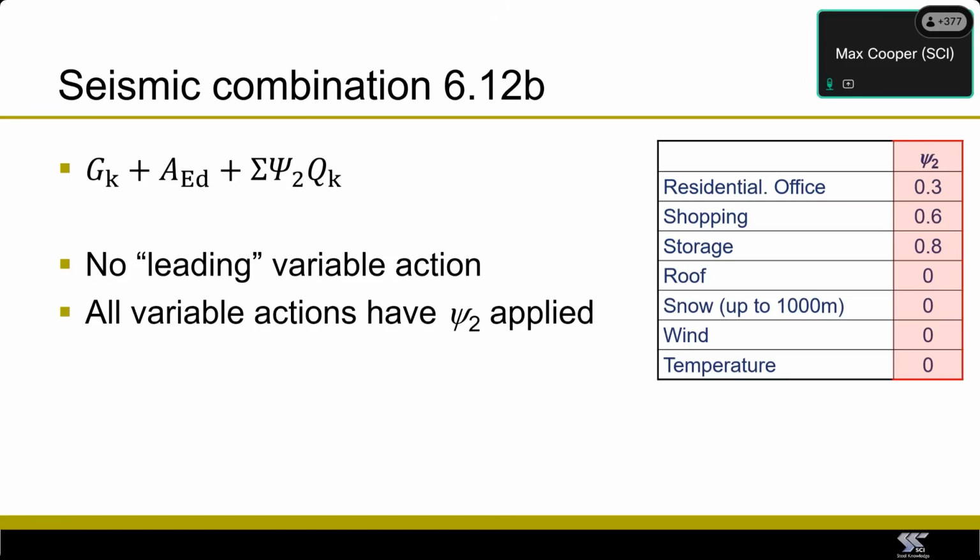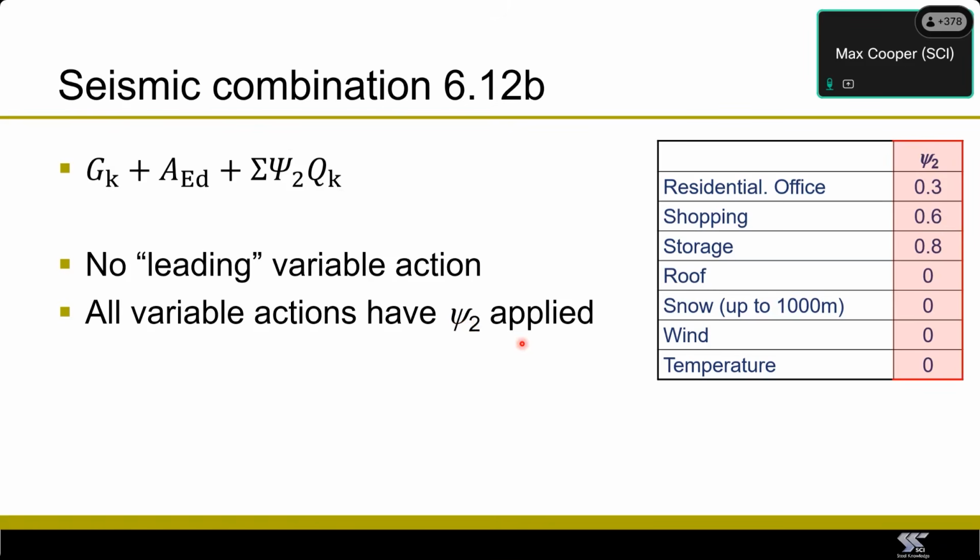So just to round things out, I'm not going to dwell on this for too long, but we'll cover now the seismic load combinations, which is 6.12b. We'll see that we have the unfactored permanent action, so unfactored dead load. We have the accidental action, and then we have the accompanying variable actions. So there's no leading variable action, just accompanying, and all variable actions have the psi 2 applied.